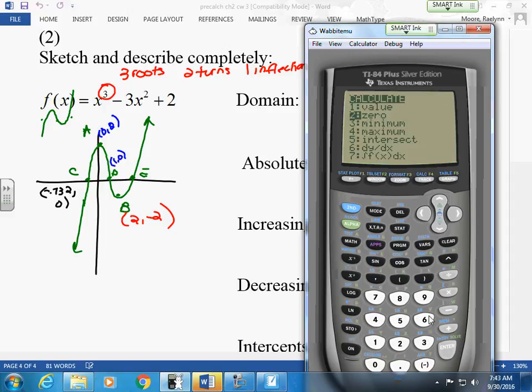Zeros again. It's easier when they're this close together just to move the cursor. Isolate that guy on the right. Just go right above it.